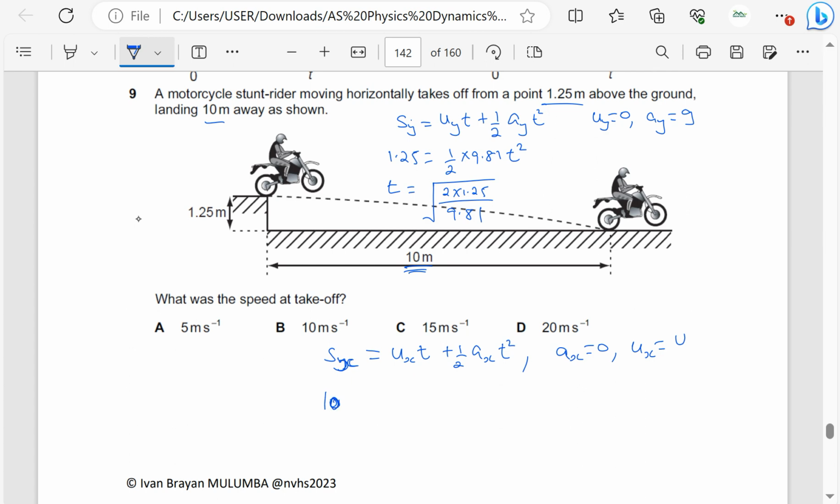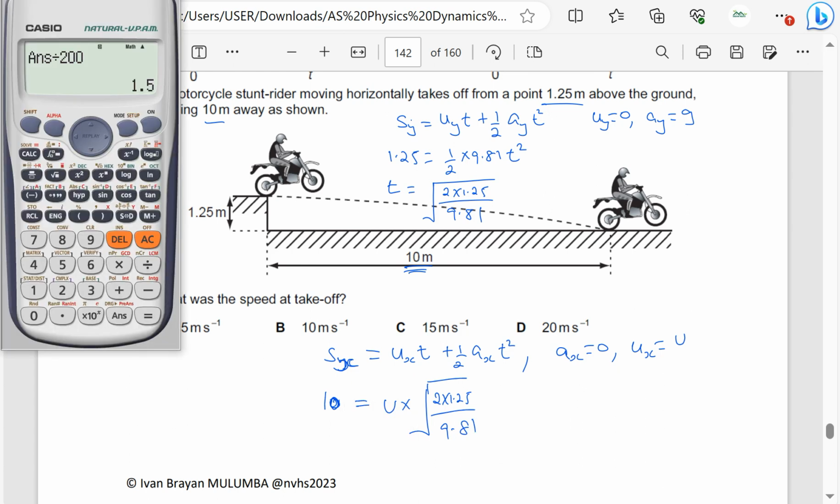So 10 is going to be equal to u times t, which is the square root of 2 times 1.25 divided by 9.81. So I'm just going to press here the calculator. 2 times 1.25 divided by 9.81, square root of the answer.